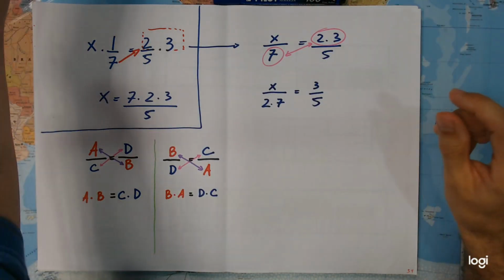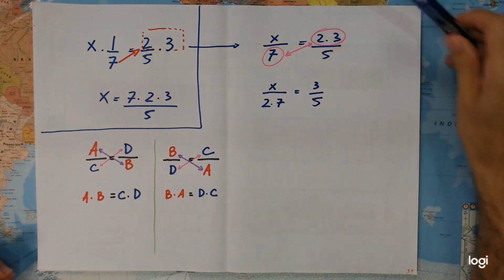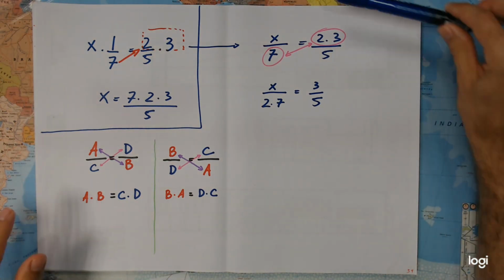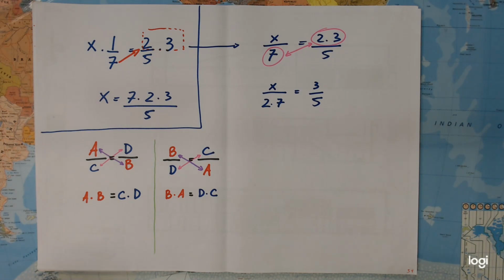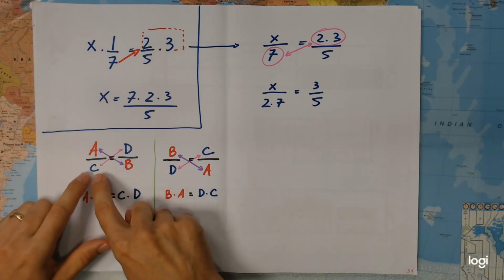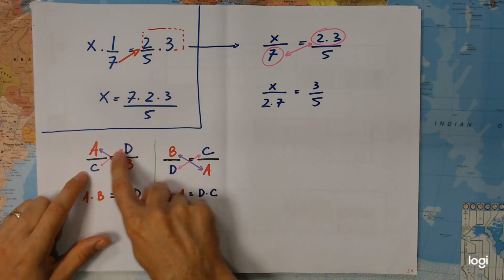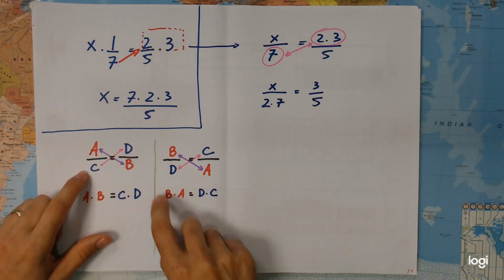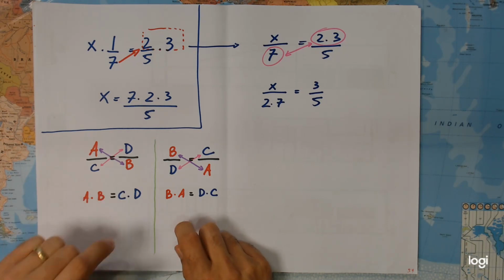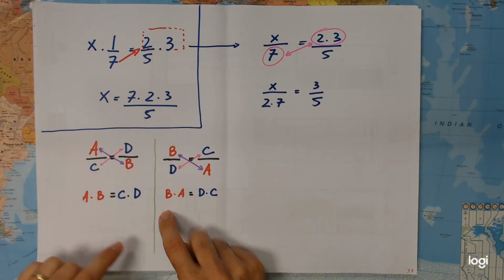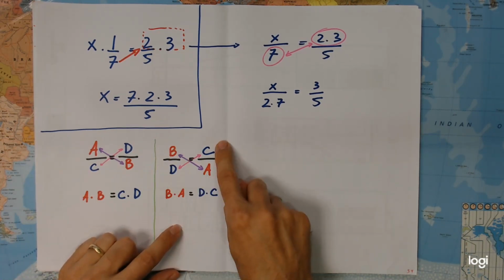And that is the principle of cross multiplication. What is the soul of cross multiplication? Whatever is in this diagonal, it is the same as what is in here. CD equals AB, or BA equals DC.